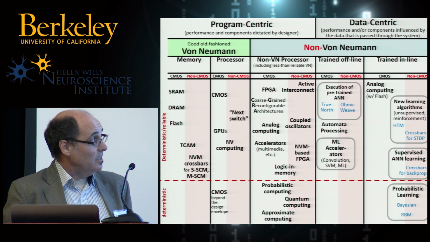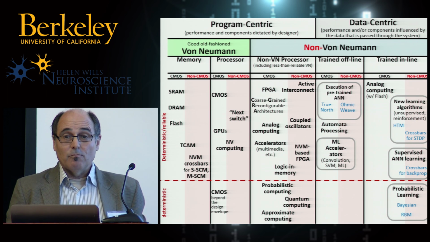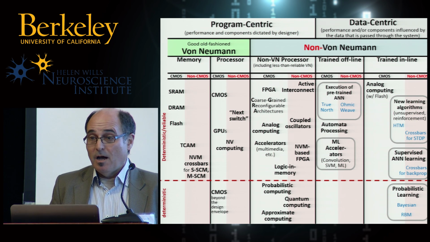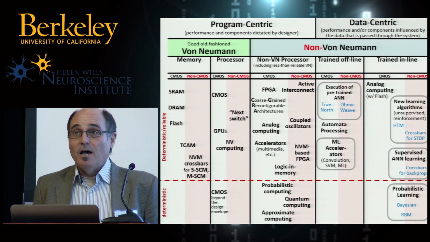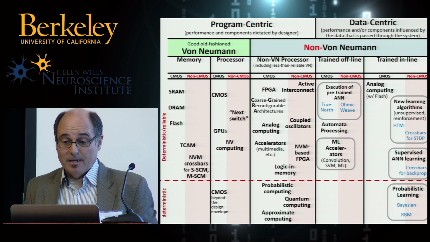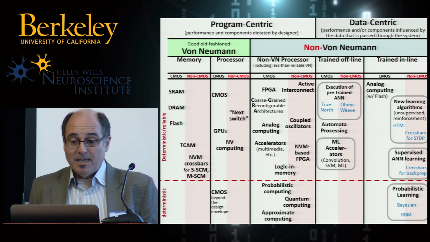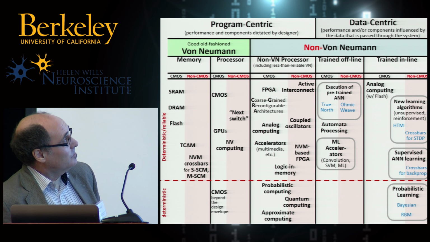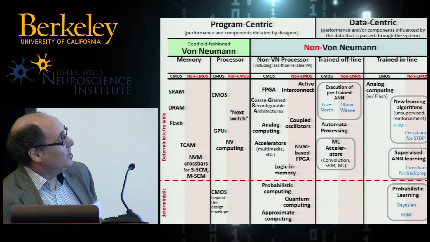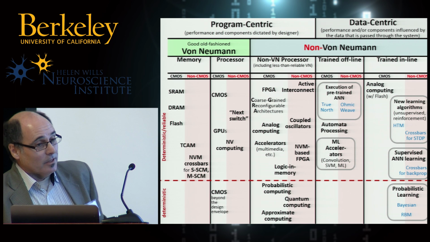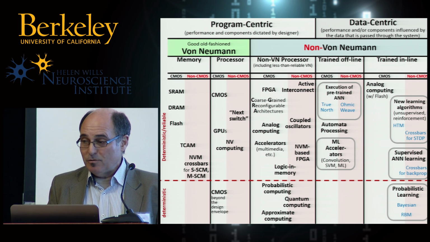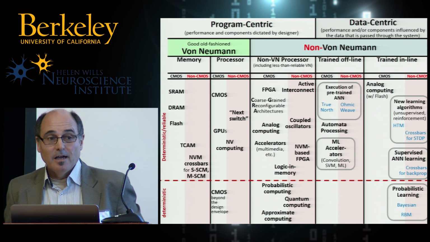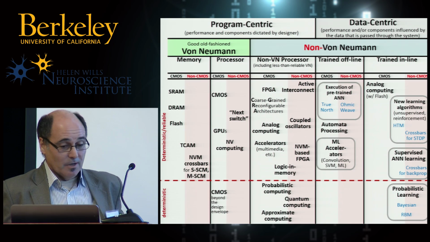And if you're interested in giving us feedback on what we wrote for this chapter, we'd be happy to distribute a preliminary version and get feedback on it. What you can see here, of course, is the interests in this room are towards the right of this chart for the computation paradigms where you either train offline in the case of conventional machine learning or train inline, which of course has been discussed several times today.